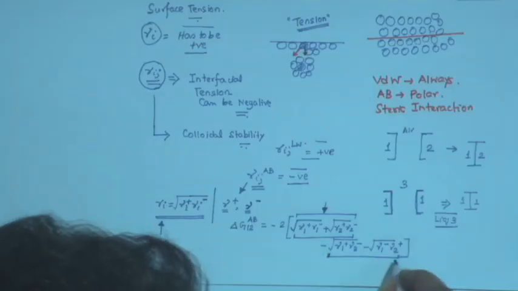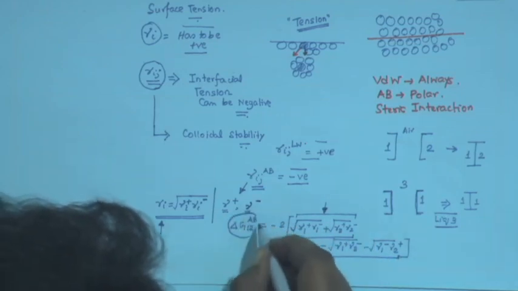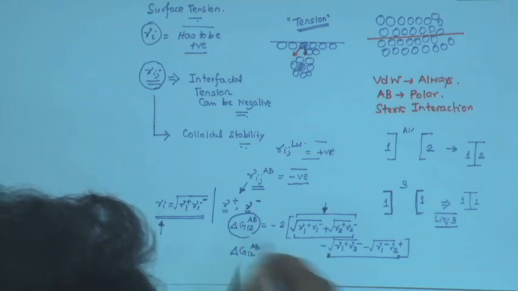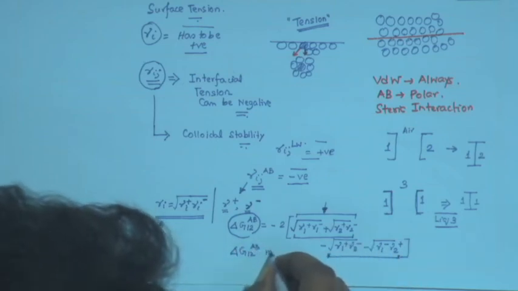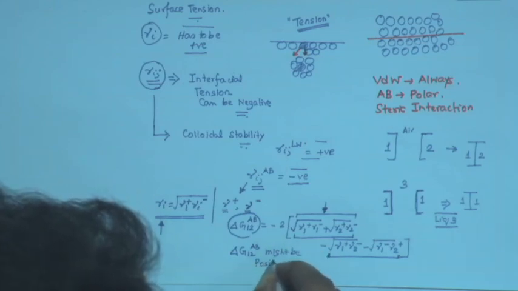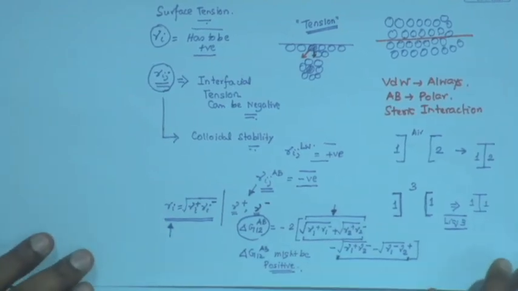Depending on the relative magnitude of these two, it may be possible that delta G 1 2 AB might be positive, and which is necessary to have colloidal stability.